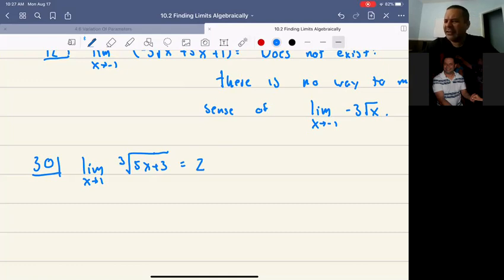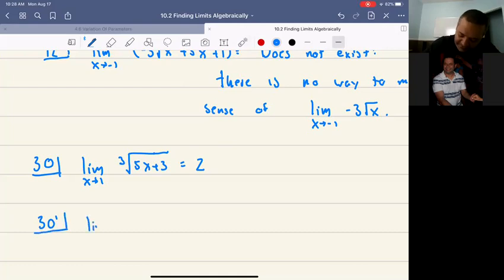Now, what if I had a negative here? Could I put a negative number underneath the cube root? I can, can't I? Let me think of a similar problem to illustrate what I'm trying to say.